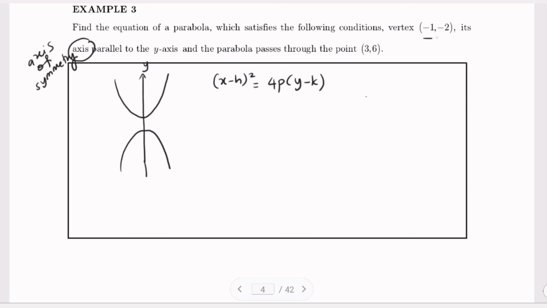Okay, so let's substitute h, k to get (x plus 1) squared equals 4p(y plus 2). Now we have to figure out the value of p. We are given the point 3, 6.